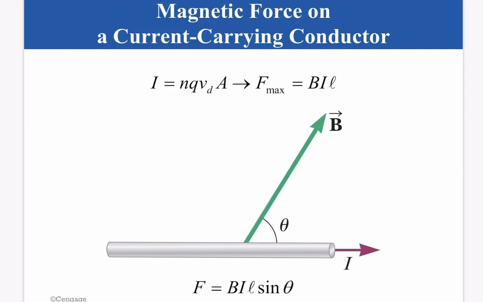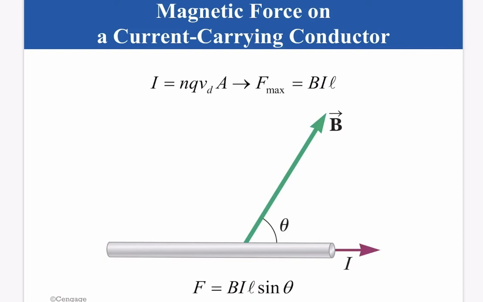If the wire is not perpendicular to the field but is at some arbitrary angle, as in the figure, the magnitude of the magnetic force on the wire is given here, F equals BIL sin theta, where theta is the angle between B and the direction of current I. The direction of this force can be obtained by the use of right hand rule number 1.